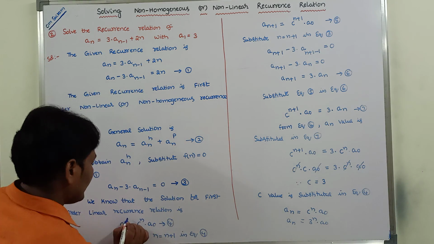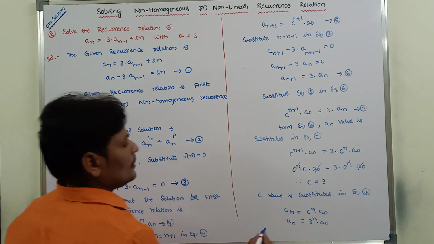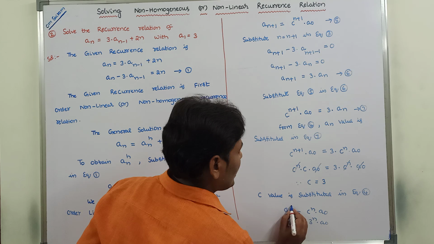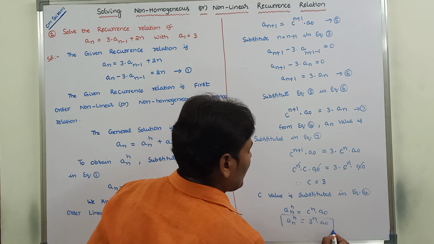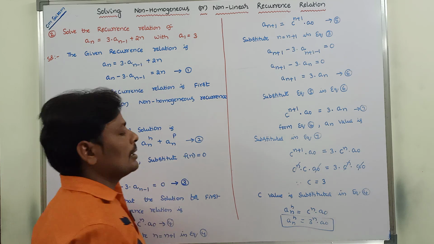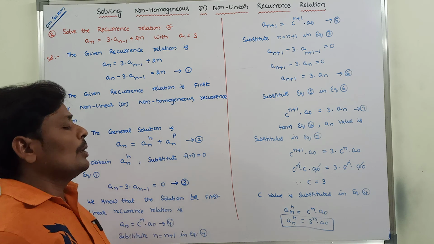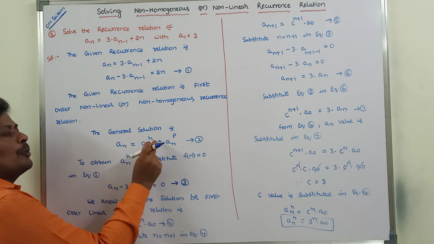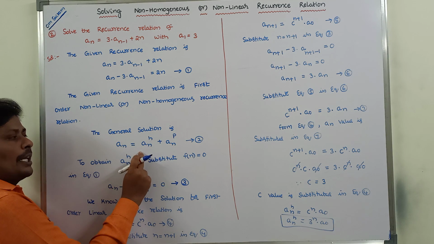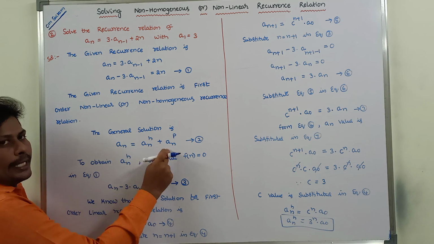Okay, so this is a homogeneous recurrence relation solution. A suffix n power h is equal to 3 power n into a naught. Okay, now this calculation is completed. Now we can go for this one.